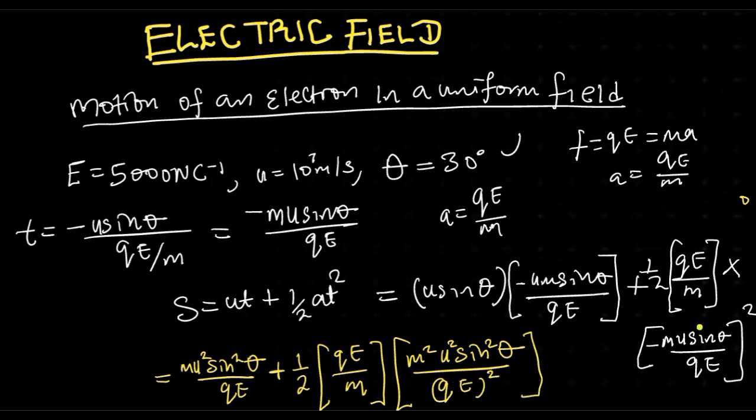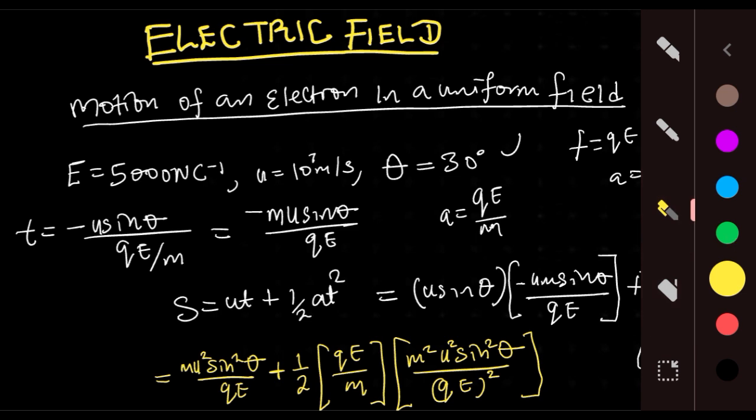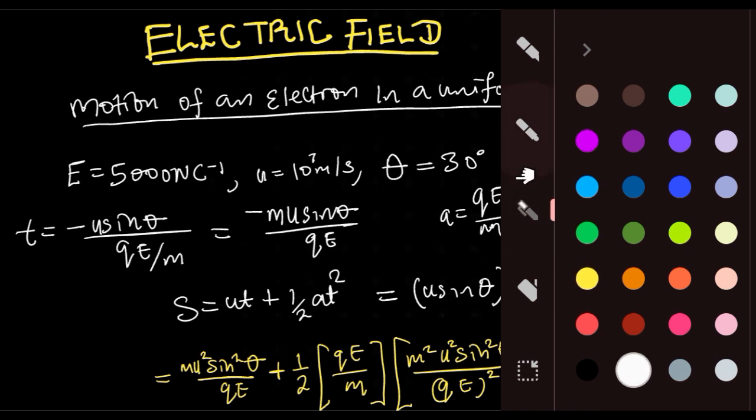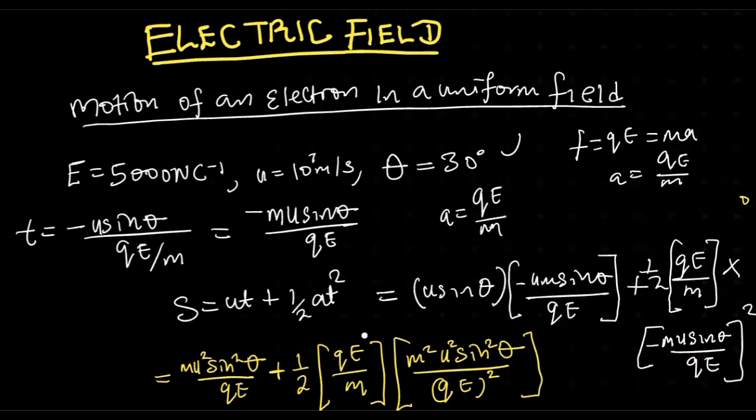True or false? Now we can see opposite stuff that can cancel out here. Thank you, Jesus. QE. When this cancels, what will be left here, since this is squared, will just be QE.